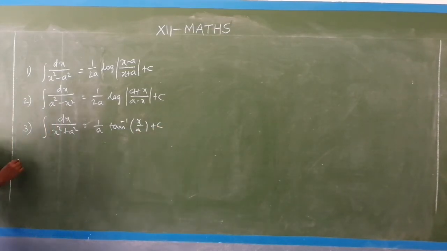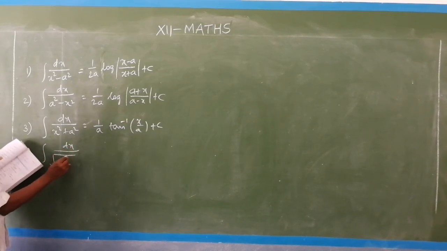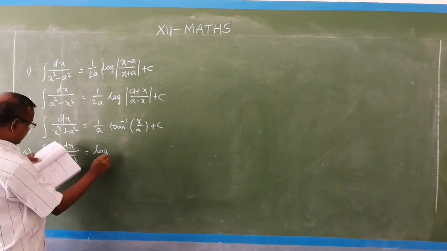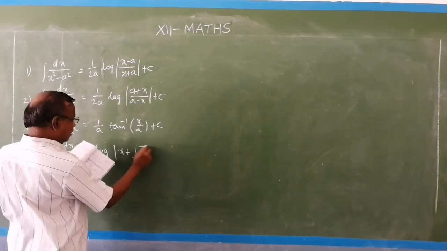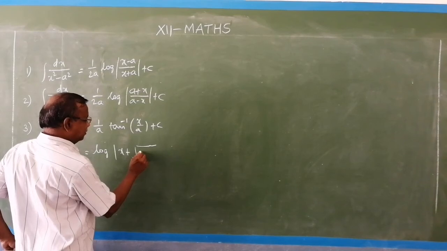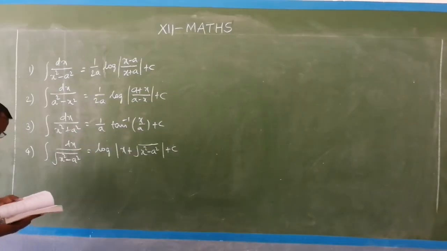And fourth one, integral dx divided by root of x square minus a square equal to log of modulus of x plus root of x square minus a square plus c.